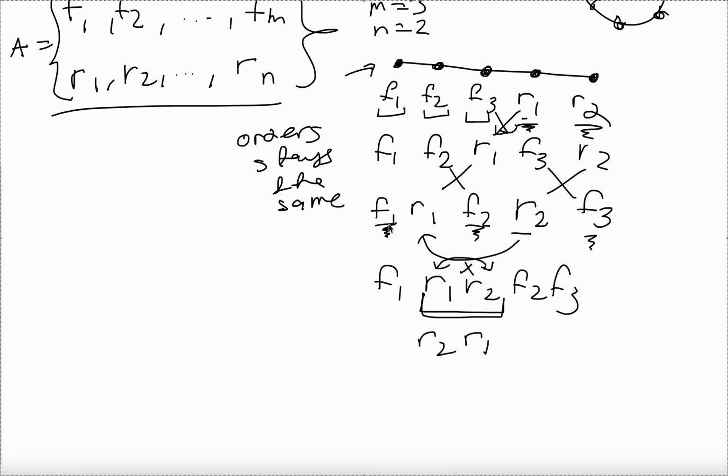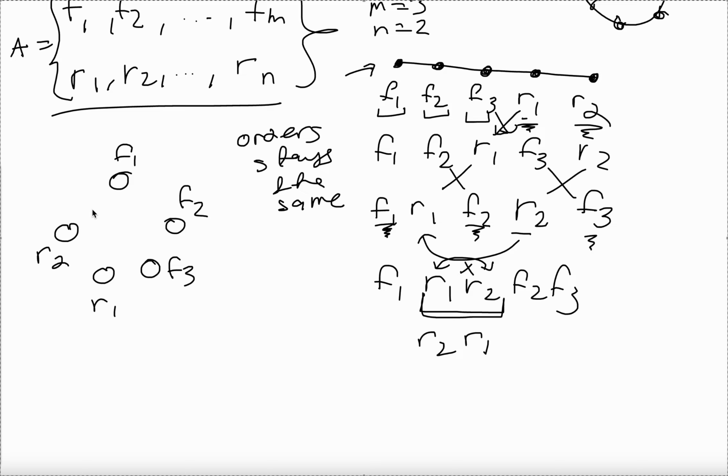But does this hold true for circles? So we'll try constructing a circular table now, or it's going to be a pentagon table since there's 5. So 1, 2, 3, 4, 5. And so let's say there's F1, F2, F3, R1, then R2.